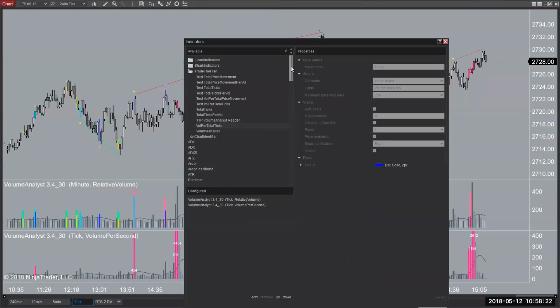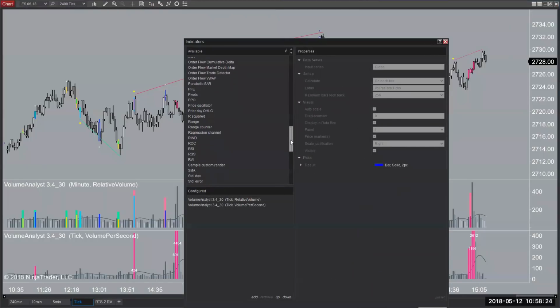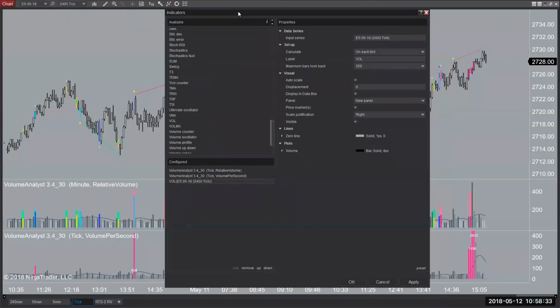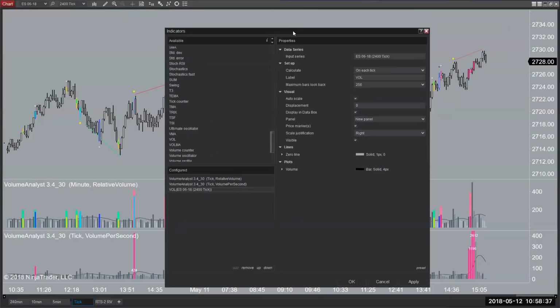Even though we're looking at the total number of transactions, each bar is made up of 2400 transactions. And typically for the ES, you have about 2 to 2.5 contracts per tick, something like that.